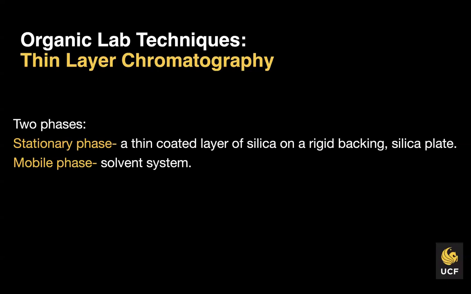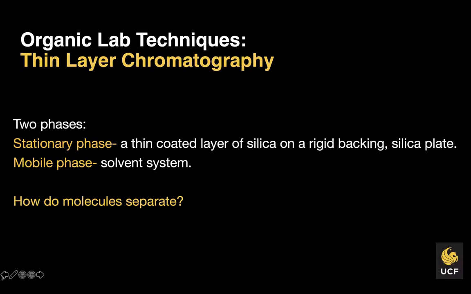And then we have a mobile phase, and that's typically the solvent system. You use a mixture of solvents or a single solvent system, but we'll talk about what type of solvent system we typically use. So how do the molecules separate? If you saw the video, you would have noticed that the TLC plate was spotted, and then we put it in the solvent system, and then they basically separated or moved up the plate.